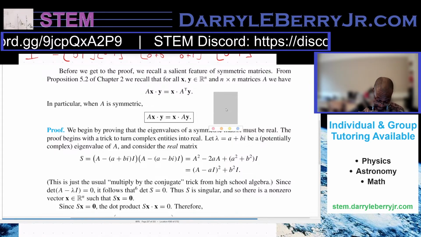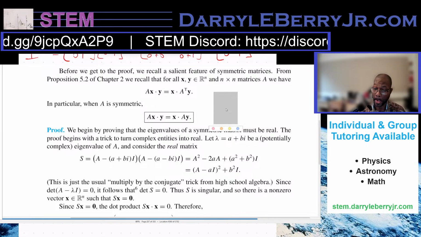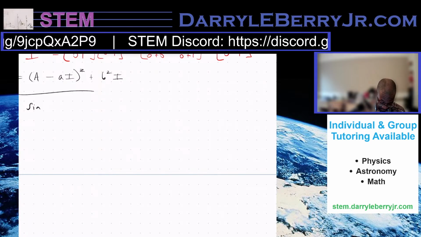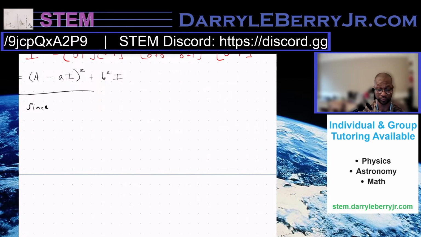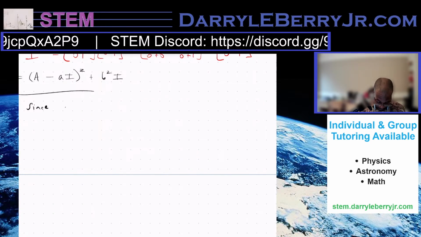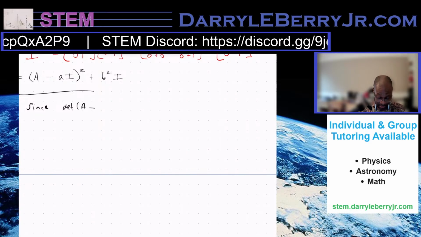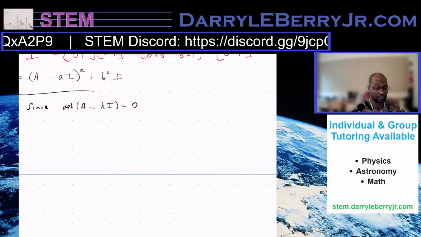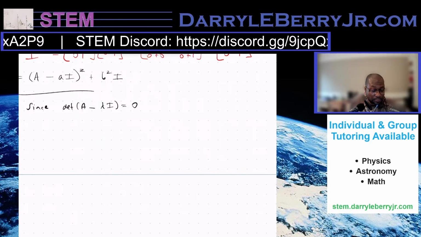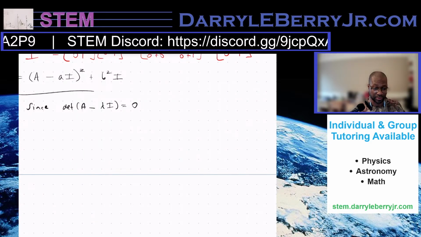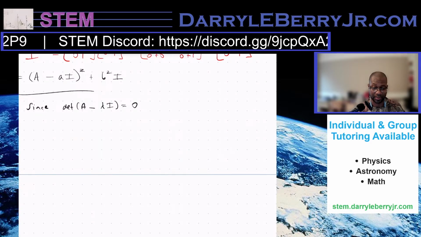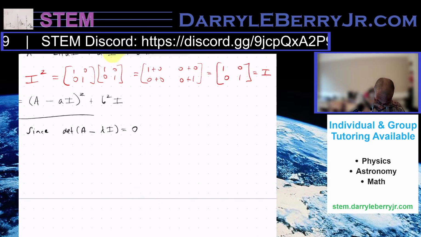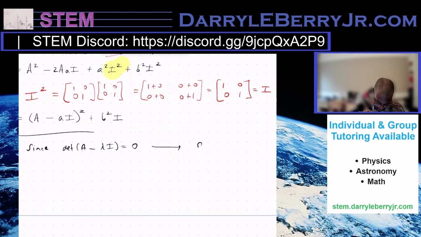Since det A equals 0, since det A minus lambda I equals 0, in order for the matrix to be singular so we can get a proper eigenvalue and eigenvector, it follows that S equals 0.